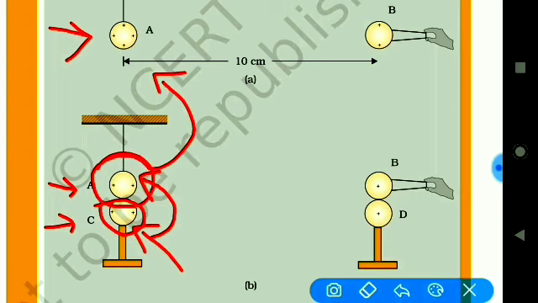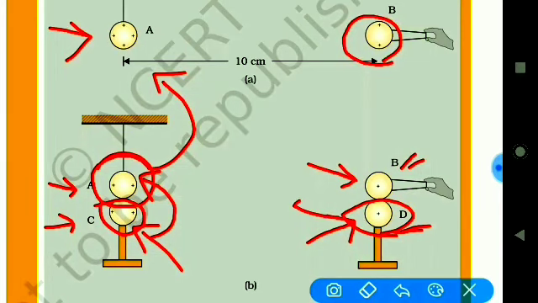Similarly, an identical sphere D is brought in contact with B. Here this sphere D and B both are identical. Sphere D is made in contact with B. The charge of B will become half of the earlier.